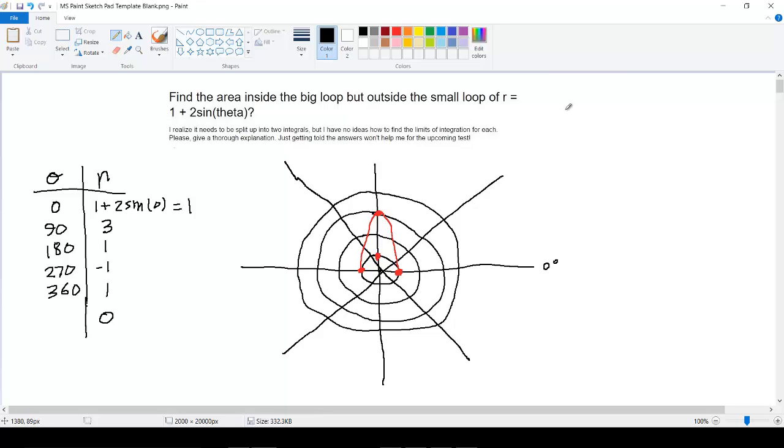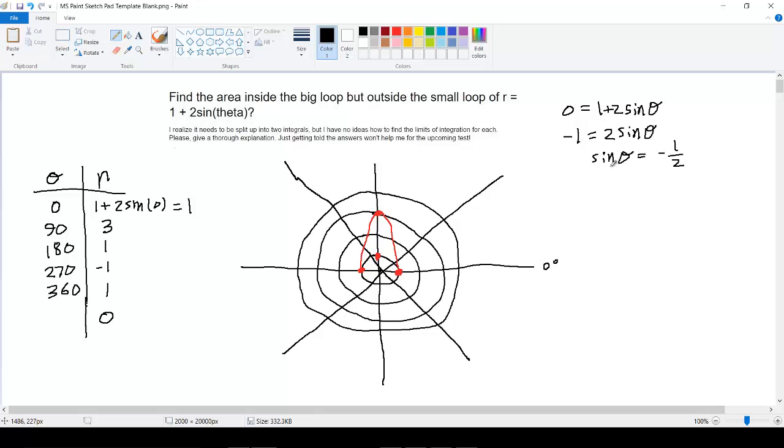So 0 equals 1 plus 2 sine theta. And we just need to solve for theta. So minus 1 equals 2 sine theta. If I go through this, then the sine of theta equals minus 1/2.